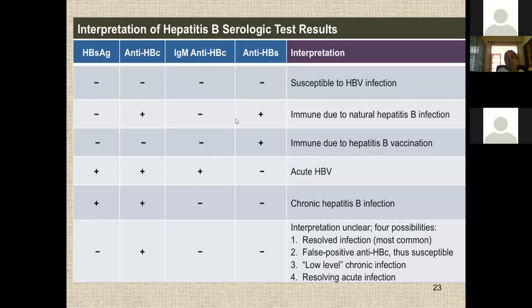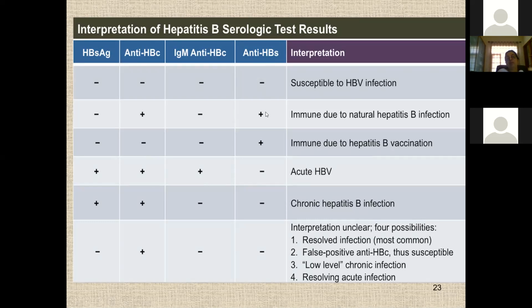If the patient has hepatitis B surface antibody positive and core total positive, this means this patient had exposure to hepatitis B in the past and is now immune to hepatitis B. When we talk about vaccination, only hepatitis B surface antibody will be positive. When we talk about past infection, the hepatitis B surface antibody and core total will be present.